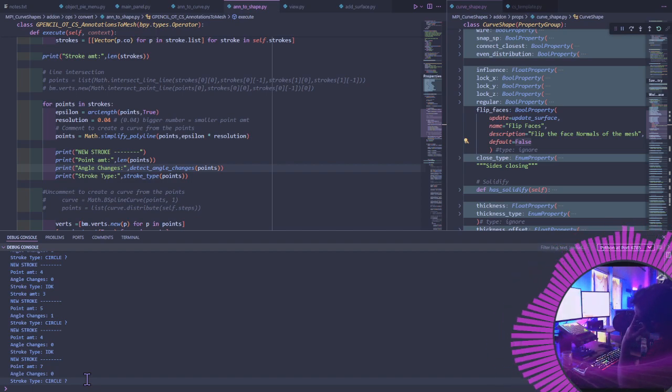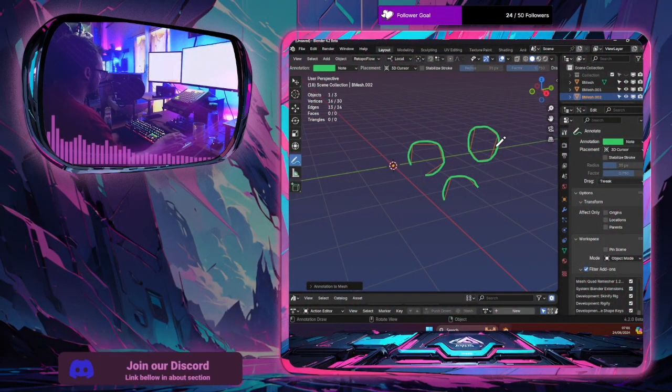Looking at this, one of the circles has one angle change because it kind of created a square there. This guy.